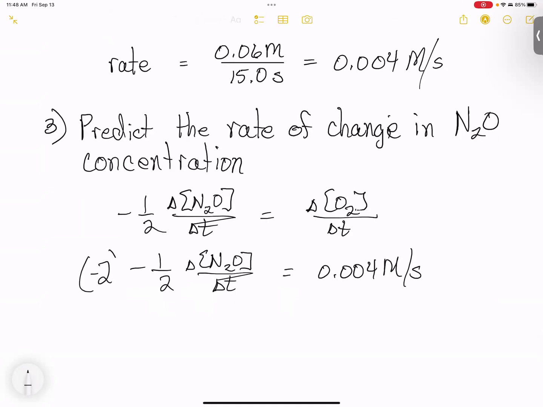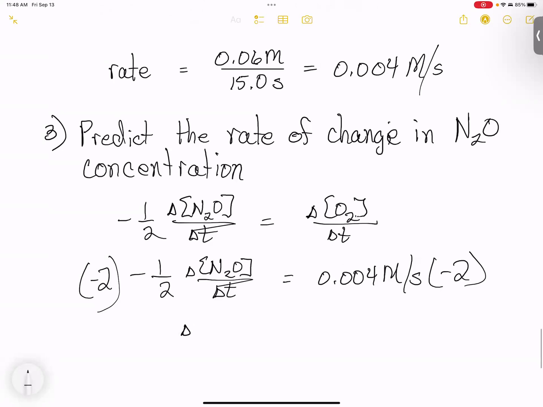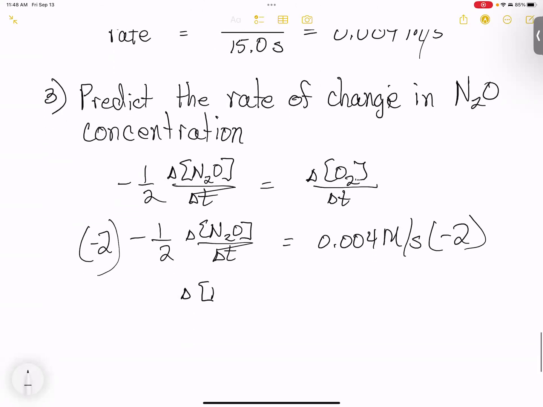Multiplying both sides through by a negative 2, that means our change in N2O concentration over the change in time is equal to negative 0.008 molar per second.